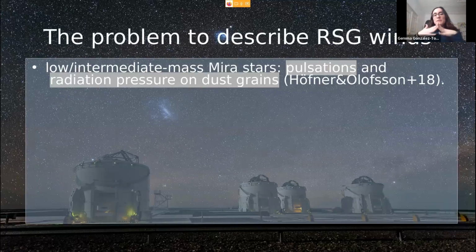So what's the main problem? We've been seeing this whole week that the focus has mainly been on AGB stars, so low and intermediate mass stars. We know that these stars have pulsations and a very big convective region. These pulsations trigger the material, and then there's some dust. We think that dust-driven winds are the main trigger for the acceleration of the wind for these intermediate mass stars.